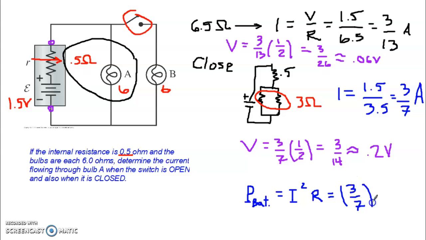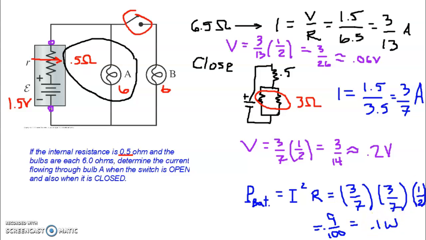So we've got 3/7 times 3/7 times 1/2. Let's see if we can do this in our heads without pulling out our calculator. We've got 3 times 3 is 9. 7 times 7 is 49 times 2. That's basically 100. So that's roughly 9/100 of a watt, about 1/10 of a watt. That doesn't sound like a lot until you're a little battery forced to dissipate that.